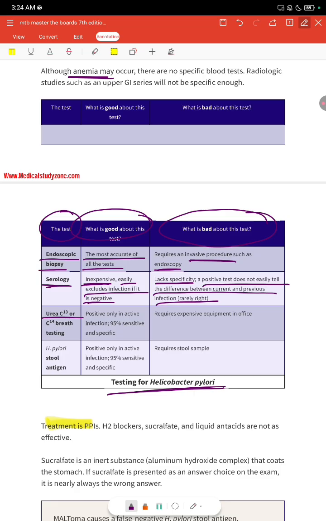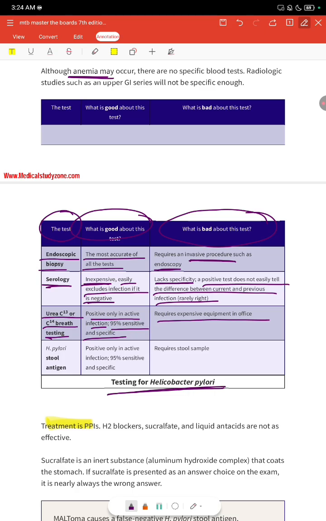Urea C13 or C14 breath testing. Positive only in active infection, 95% sensitive and specific. But the problem is that it requires expensive equipment in office.